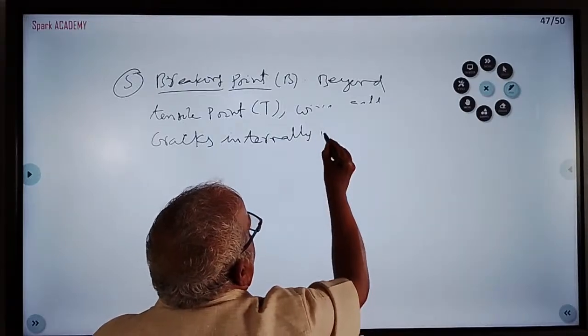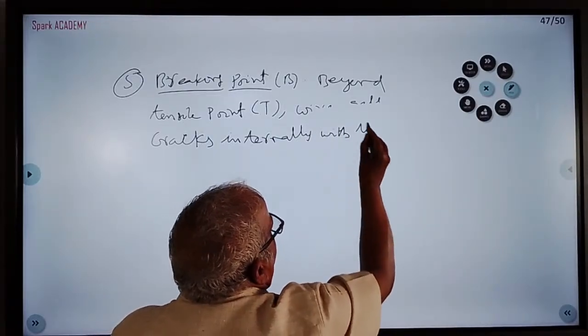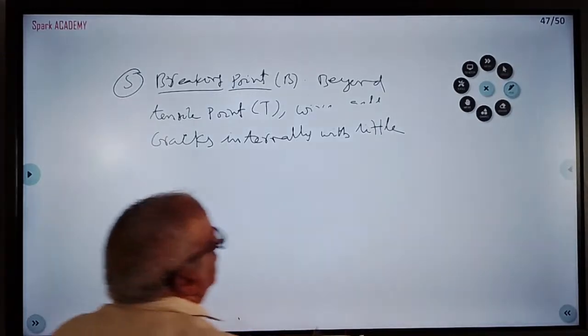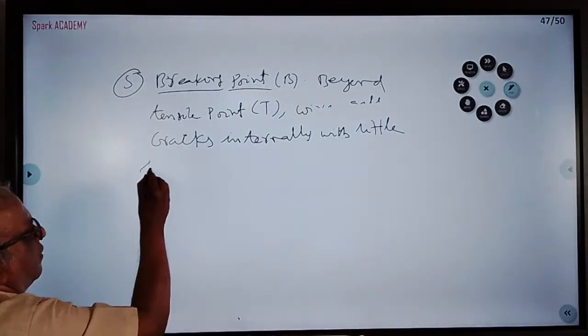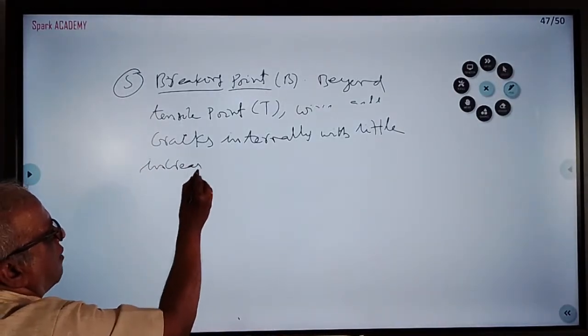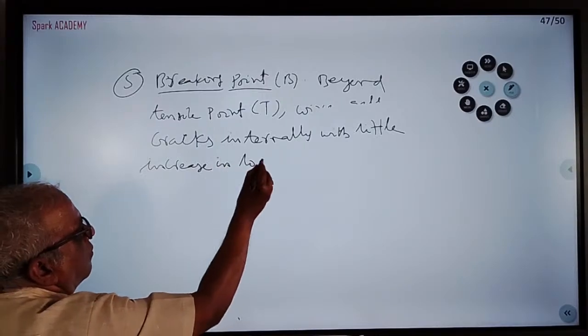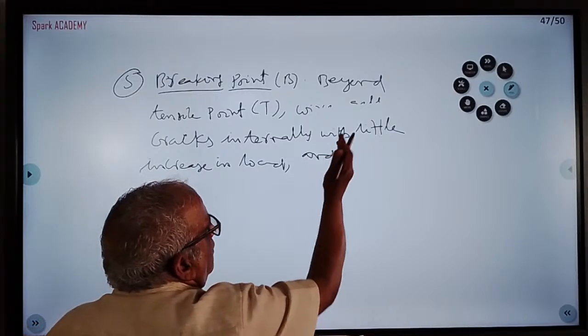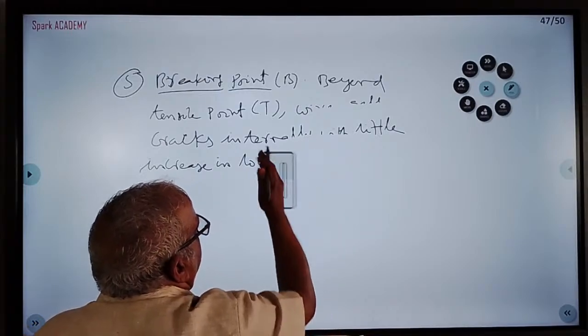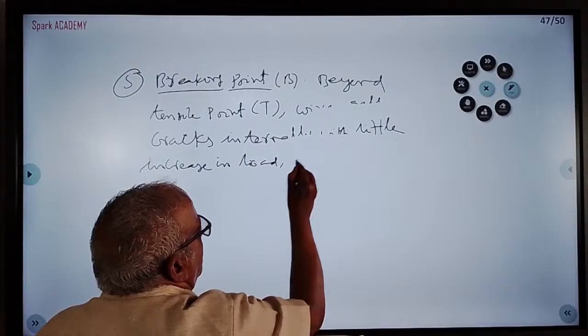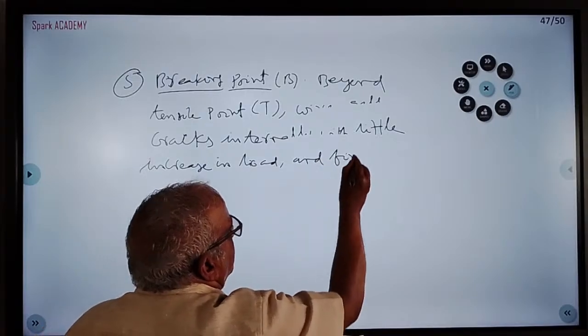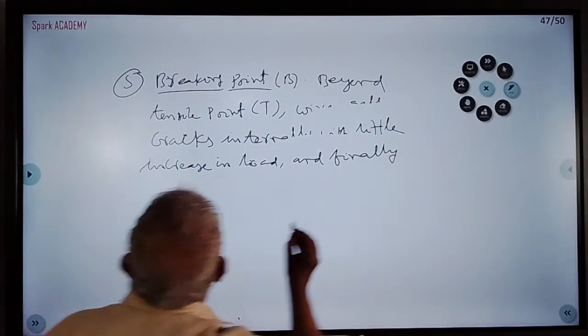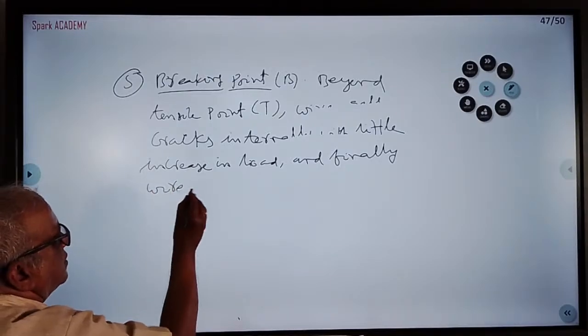With a little increase in load, and finally, the wire breaks.